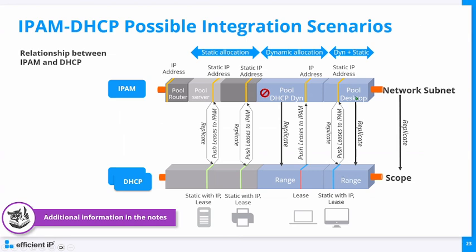Now, this is a non-read-only pool. For a non-read-only pool, the range of IP addresses in DHCP, because it's replicated to DHCP as a range, can be dynamically leased to the client.